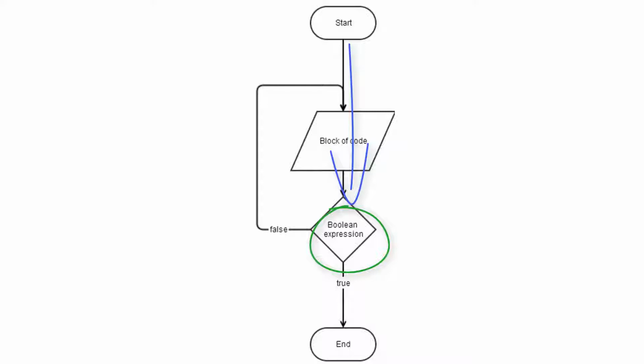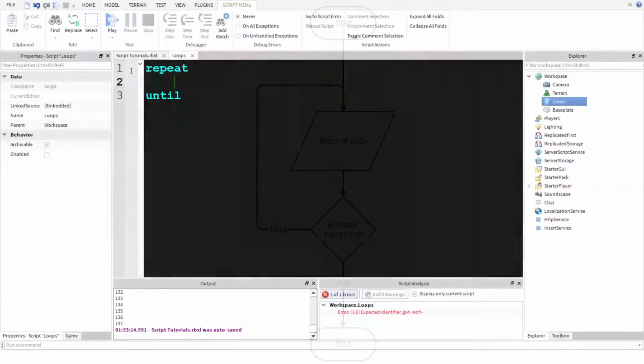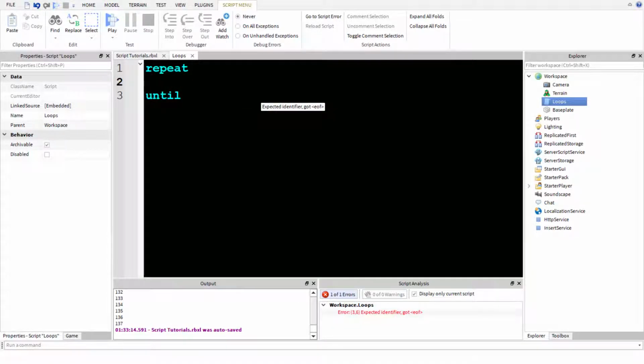If it's false, it goes through the block again, and on and on. If it is true, it moves on. That's sometimes useful, and you can do the same thing with a while loop, but sometimes things are easier using this loop.